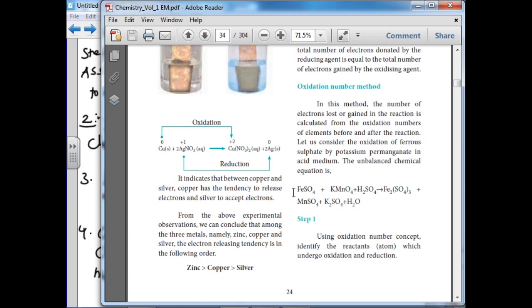we have to balance FeSO4 plus KMnO4 plus H2SO4 gives Fe2(SO4)3 plus MnSO4 plus K2SO4 plus H2O.